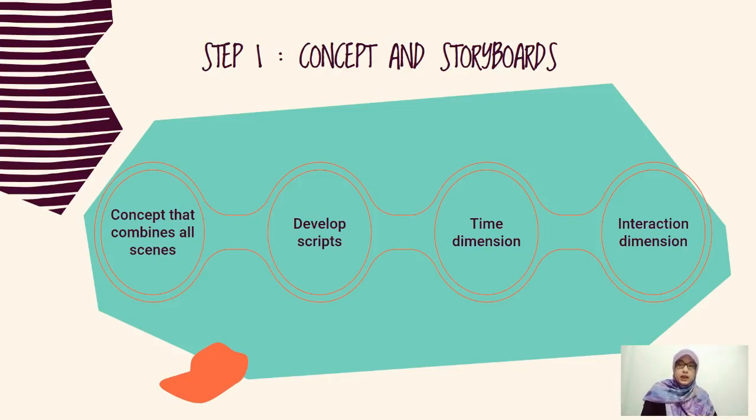The time dimension illustrates the sequence of the scenes, like what comes first, what's next, and so on, while the interaction dimension shows how the various elements in this film, such as transitions, sound effects, and voiceover, interact with one another. So that's basically step 1.